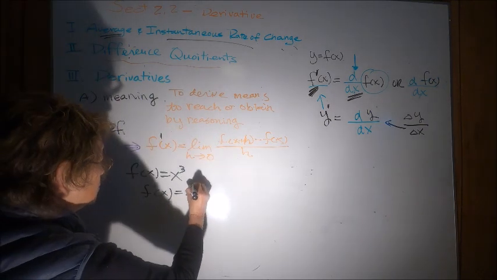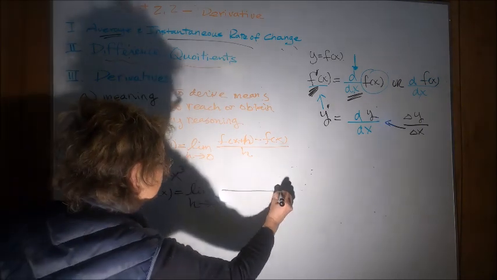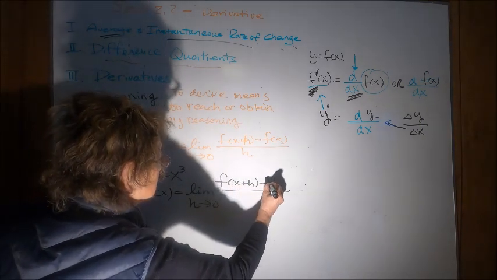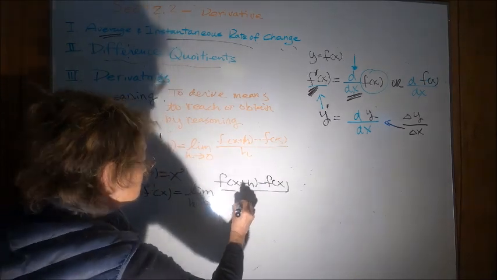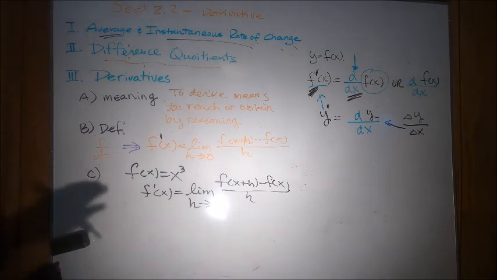Then you use the definition, the limit as h goes to 0, right? This for you is still very abstract, but you will get over it. Just practice a few, then we start to see some examples.